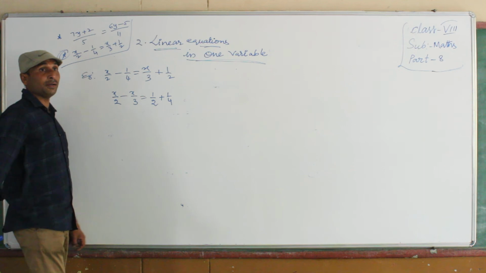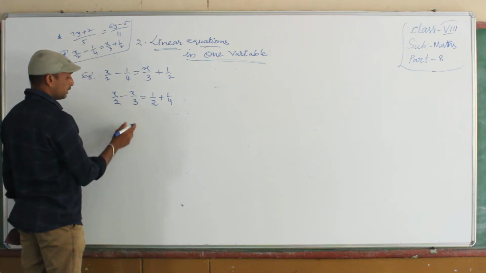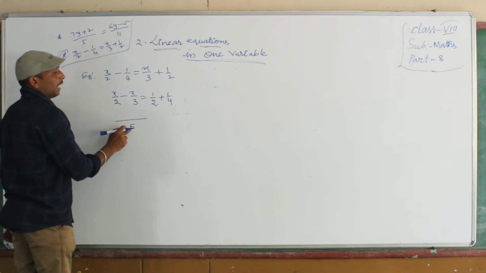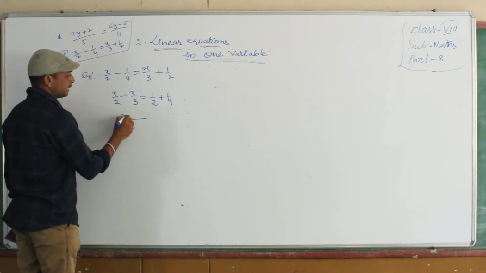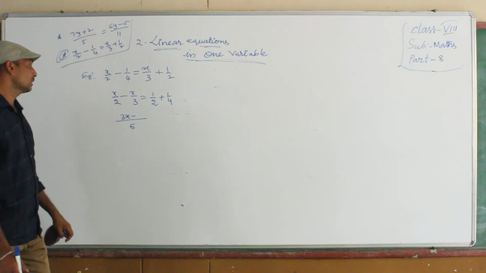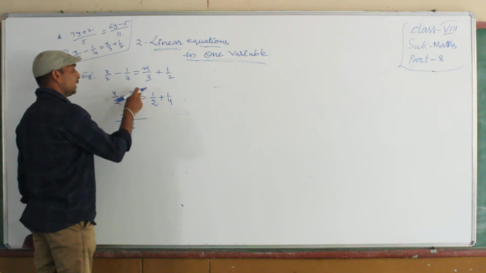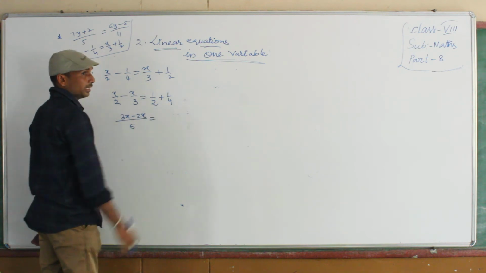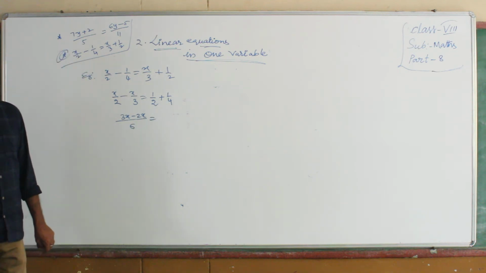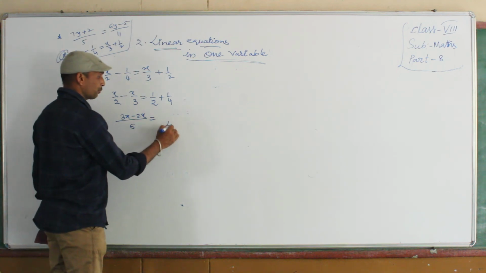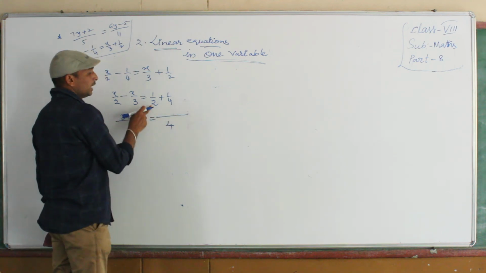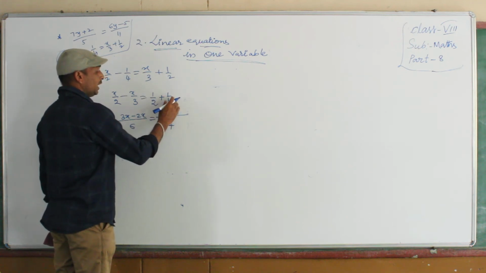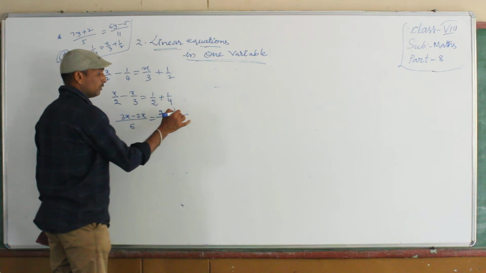Then again LCM. For 2 and 3 the LCM is 6: 3 into x is 3x minus 2 into x is 2x. Here also the LCM of 2 and 4 is 4: 2 times 1 is 2, and with 4 one time 1 is 1.